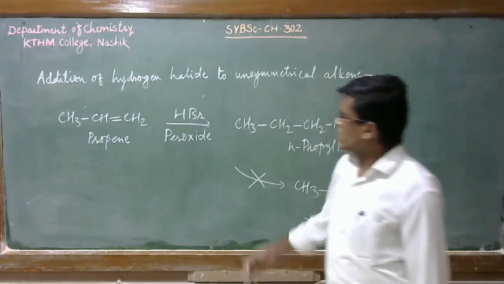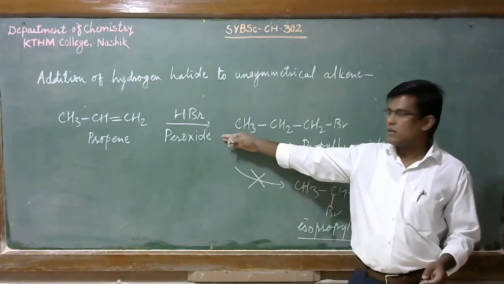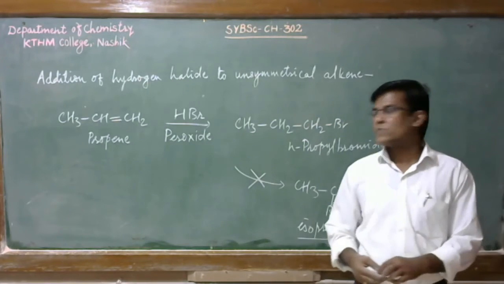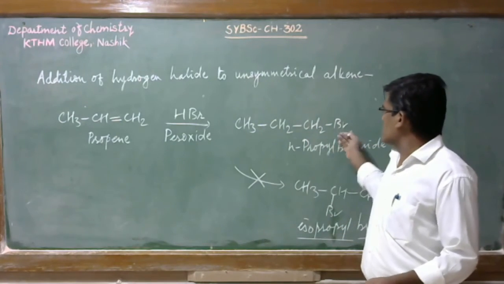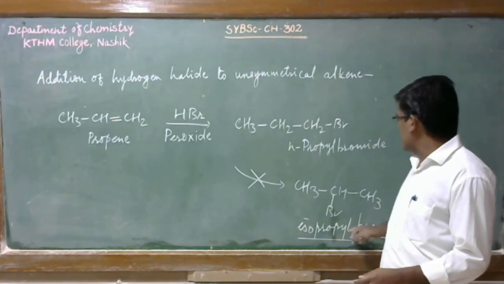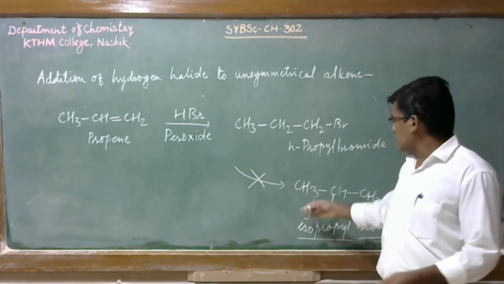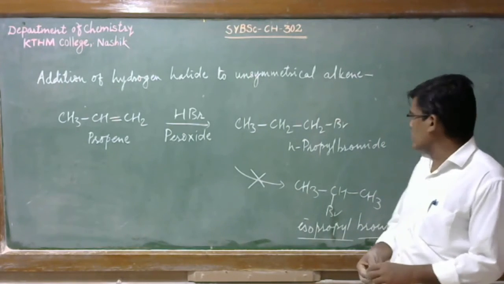Okay, so when you react the alkene, this propene, with HBr in the presence of peroxide, it gives n-propyl bromide. It does not give isopropyl bromide.